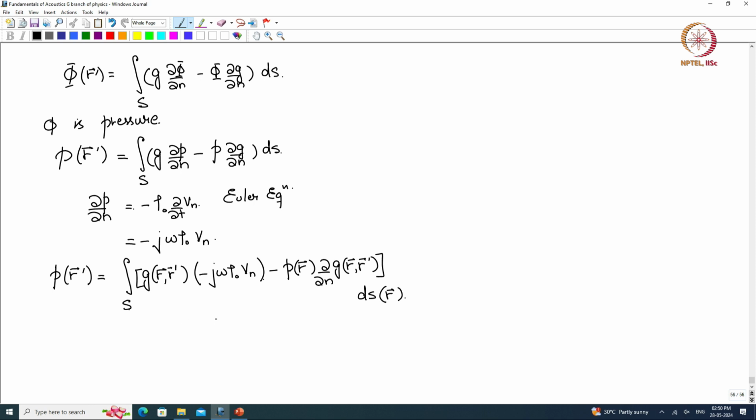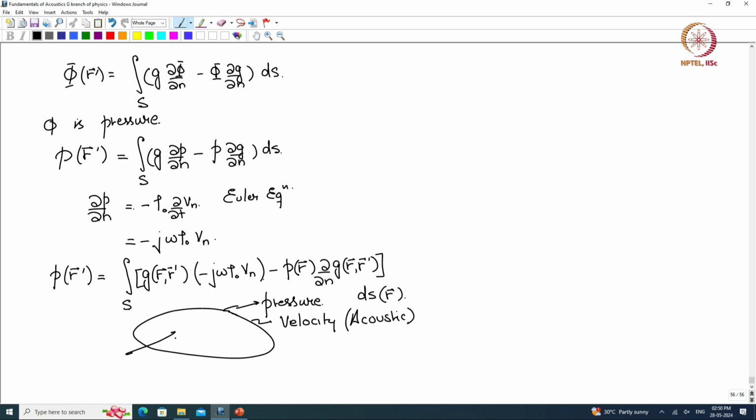So on this surface now, if I know the values of pressure and the values of surface velocity, acoustic particle velocity, then I can find the value of the pressure inside at a location r dash. Okay.